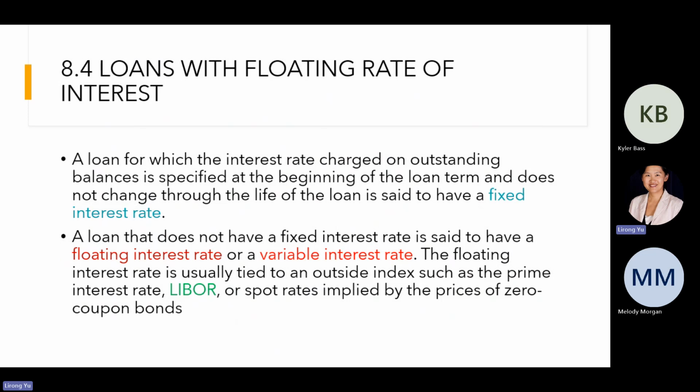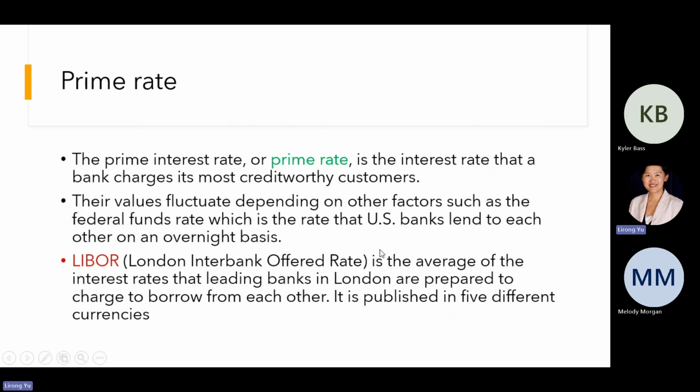For that, you have to compare your interest rate with some index interest rate, and one of the popular ones is LIBOR. The terminology here is the London Interbank Offered Rate. This is widely available. You can find it out.